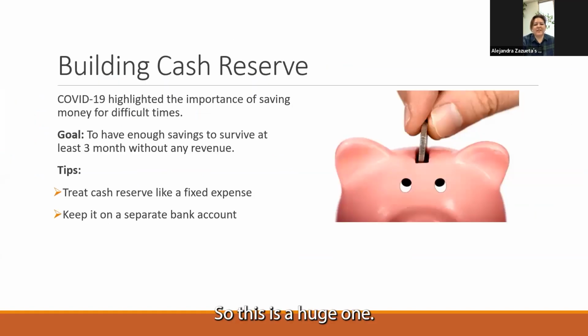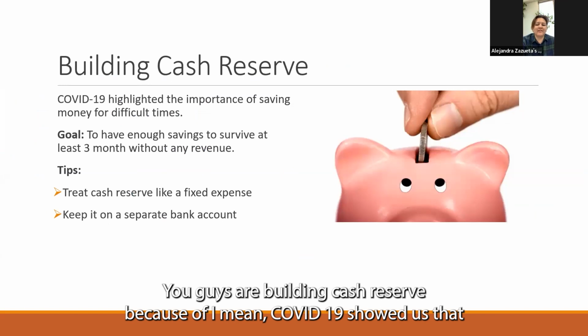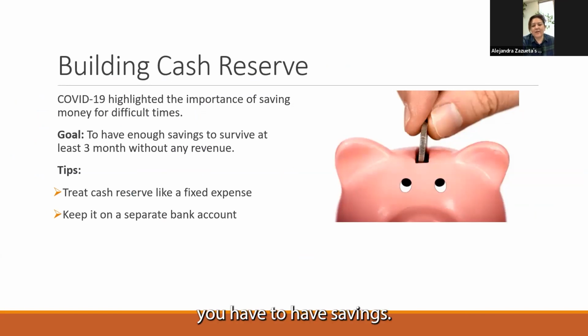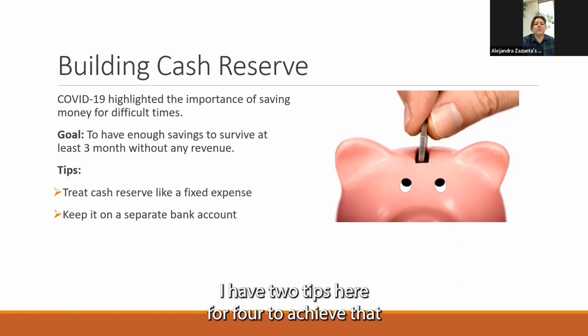So this is a huge one, you guys, building cash reserve, because COVID-19 showed us that you have to have savings. Ideally, you want to start with 3 months, just 3 months of no income, and still be able to survive. A few tips. I have 2 tips here to achieve that.